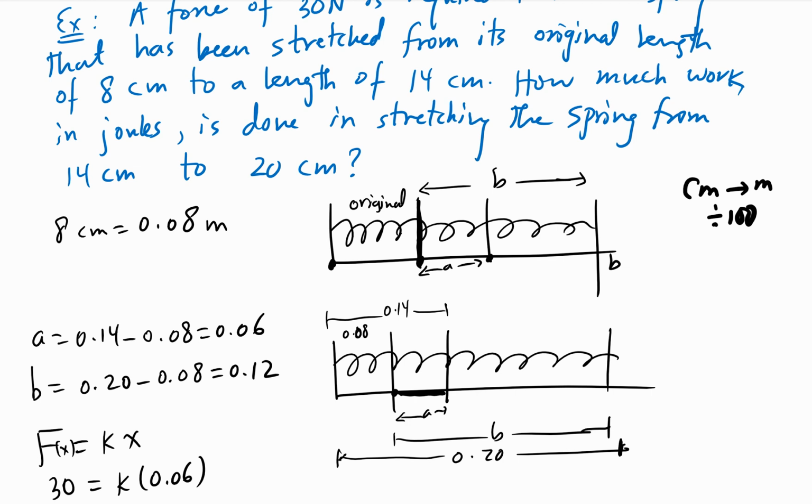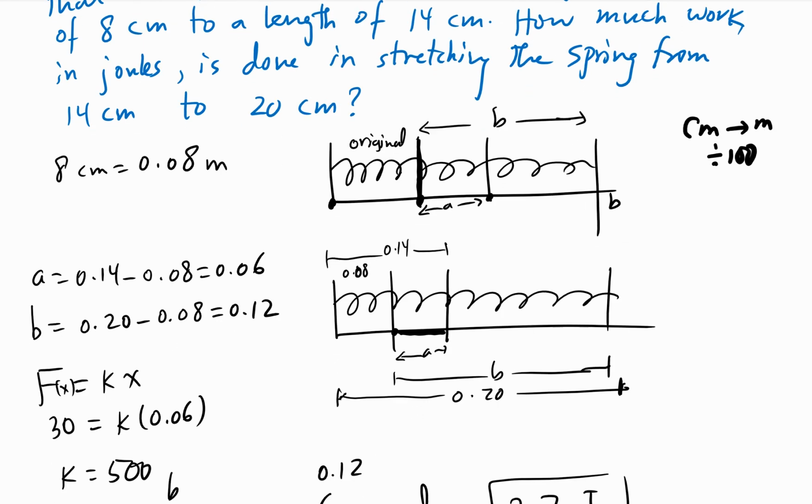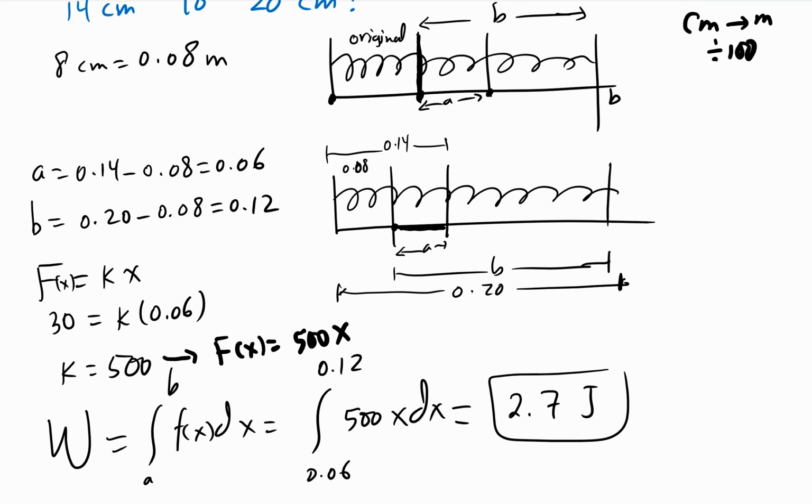If you solve for k by dividing, you get 500. Then that will give you what the force is. So the force f of x would be 500x. If you put that into the integral from a to b, a 0.06 and b 0.12, 500x dx, and I know you can integrate that, that will give us 2.7 J.